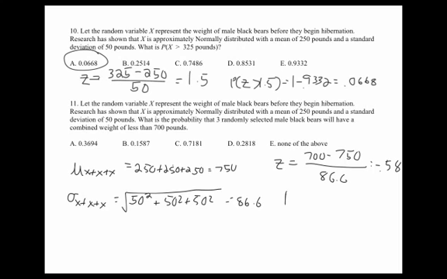And then I want the probability that z is less than negative 0.58.